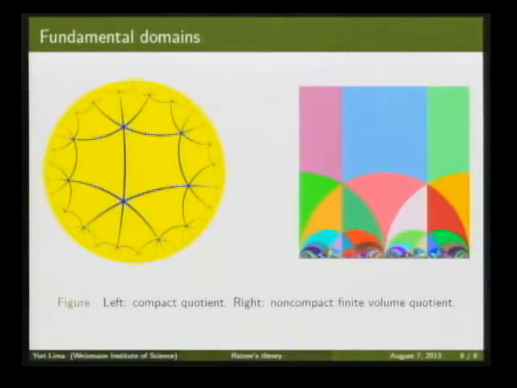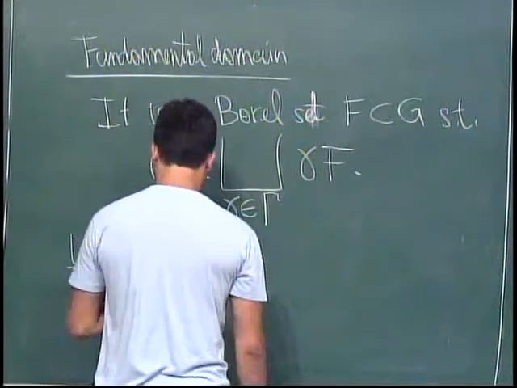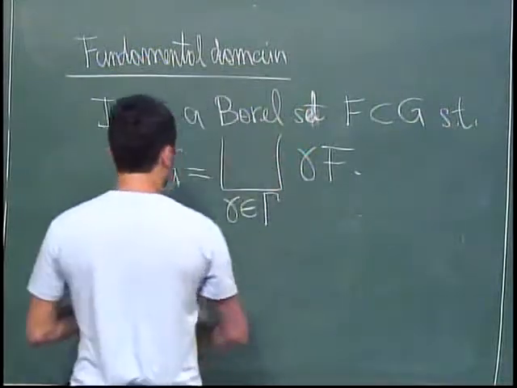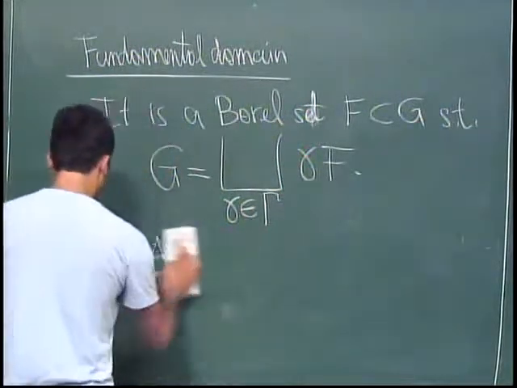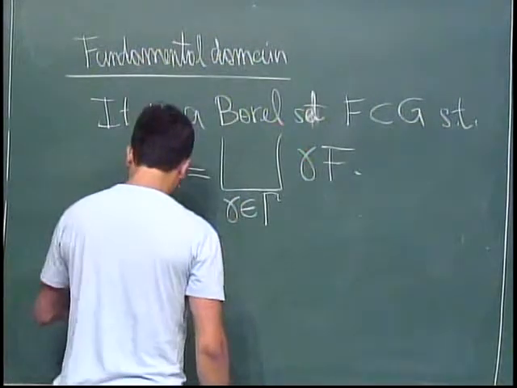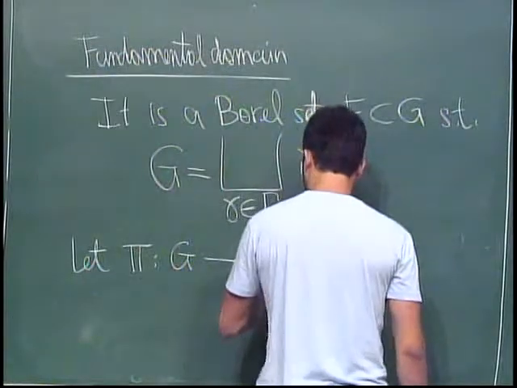So we always have fundamental domains, and using them, we can construct invariant measures on the quotient. And the main observation is the following. It is a lemma. Before stating the lemma, let's introduce a notation, the projection. Let pi be the projection that goes from G to G mod gamma.